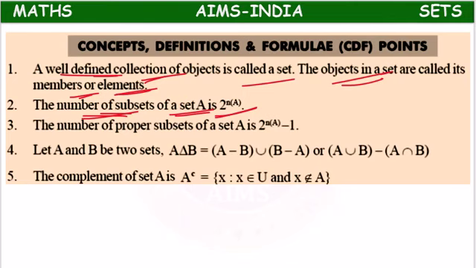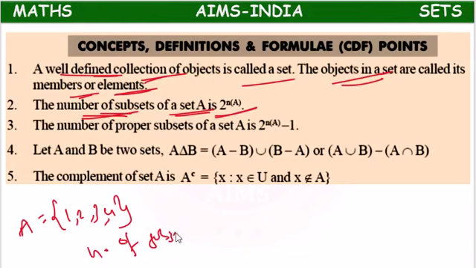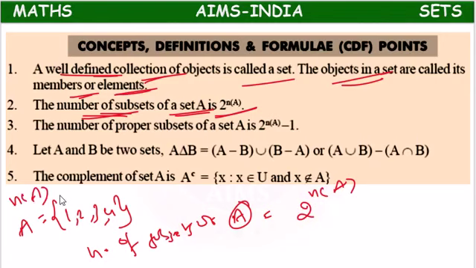Suppose we have set A equals {1, 2, 3, 4}. Then the number of subsets of A can be written as 2 to the power of n(A). Here n(A) means the number of elements in A. How many are there? 1, 2, 3, 4.